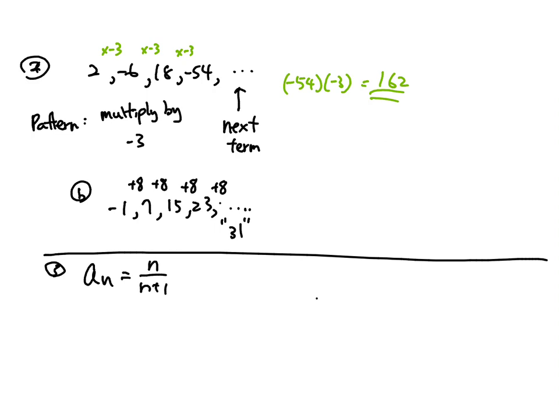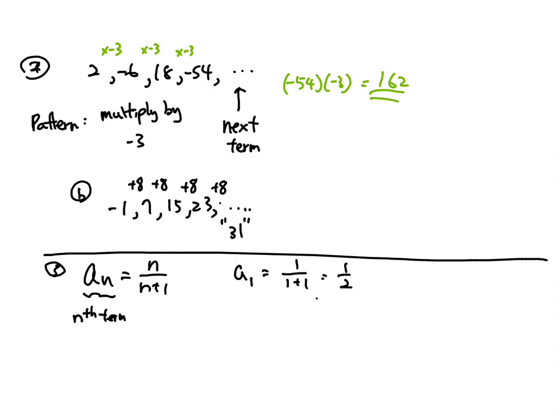The a sub n means the nth term. If you're looking for the first term, my n will have to be 1. So the first term would be a sub 1 equals 1 over 1 plus 1, which is 1/2.